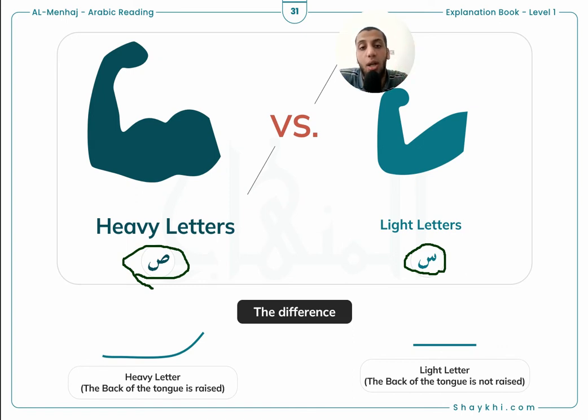These letters are خص ضغط قذ. This is what Ibn al-Jazari said.